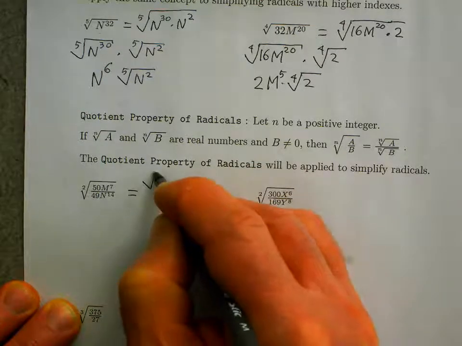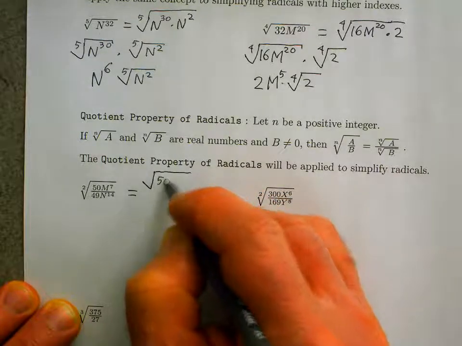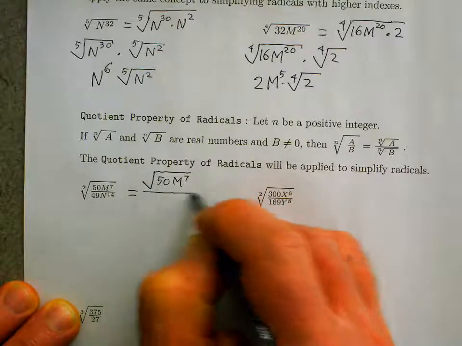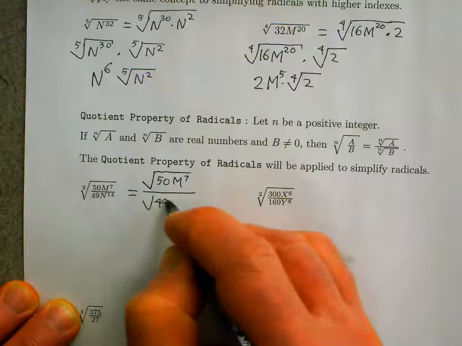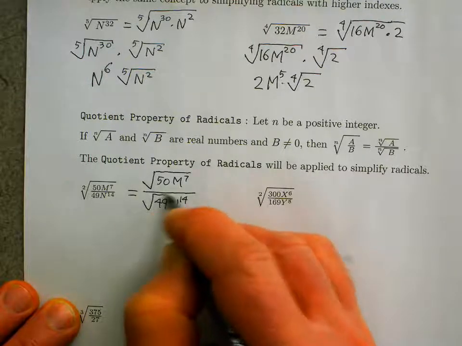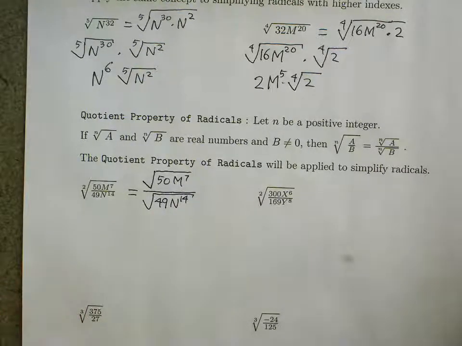We can rewrite that as the square root of 50m to the 7th in the numerator divided by the square root of 49n to the 14th in the denominator. So we want to simplify both of those square roots.